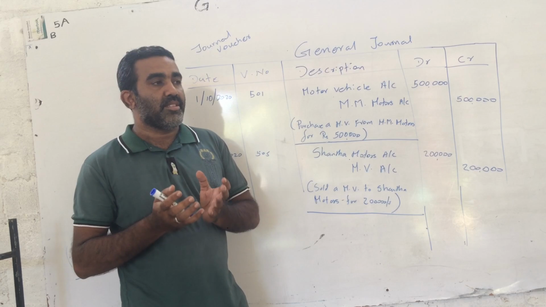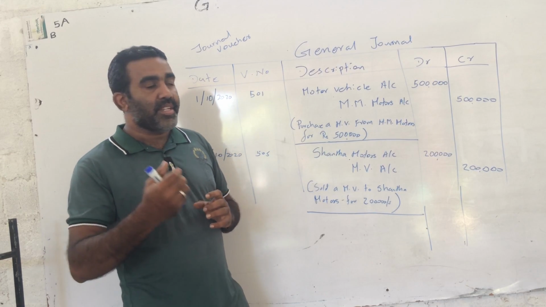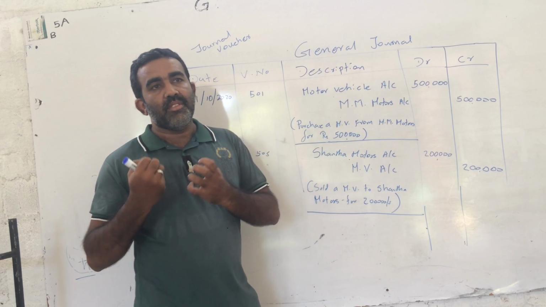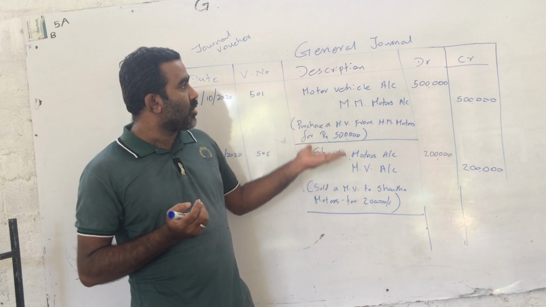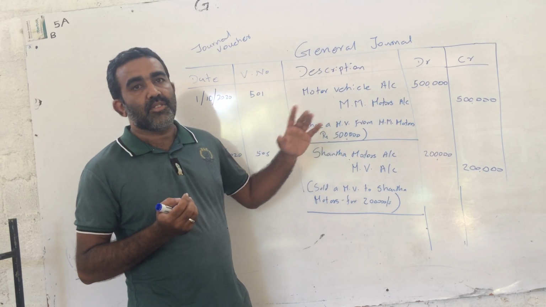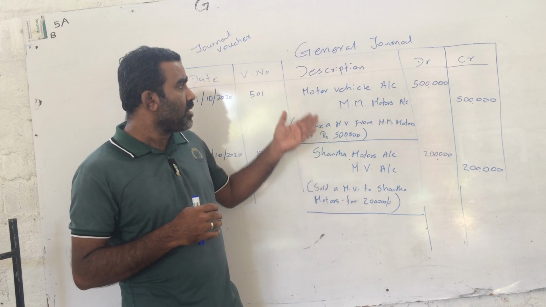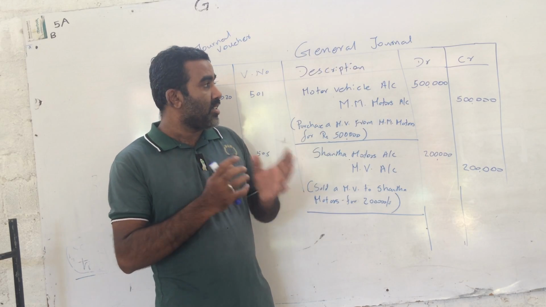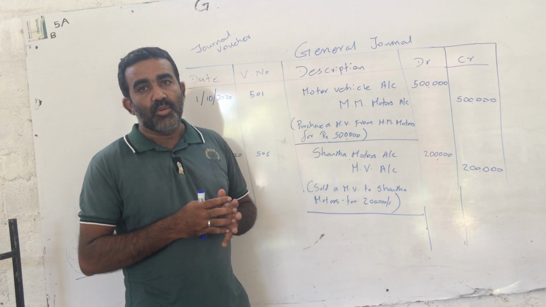The owner in a sole proprietorship took some goods for his personal use. If he takes money, we can include it in the cash book. If he takes goods, there is no place to include it. So we include it in the general journal, then adjust with the purchases or stock later. What are the transactions included here? Whatever is not included in the previous 4 books.